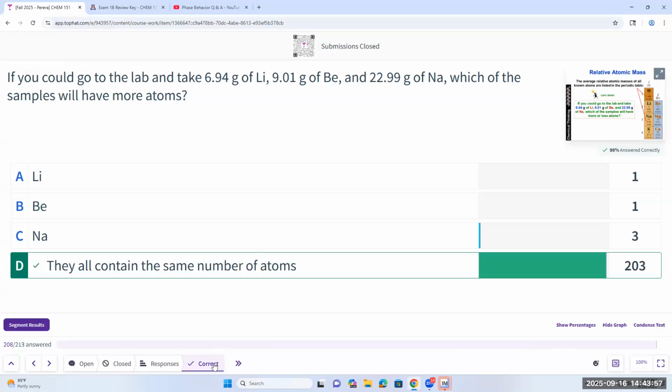Okay. Now, here's a question for you. Now, we know they contain the same number of particles, same number of atoms. But how many? Does anybody know? How many will they contain? What is this number? Yes, sir. Can I have the microphone there, please, Peyton?